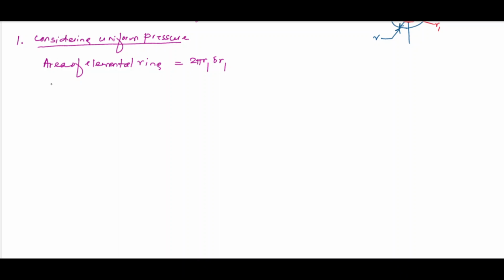Now the load on the ring is equal to pressure multiplied with area, isn't it? So let's say it is del W. So del W is the intensity of pressure p into area 2 pi r1 into del r1.